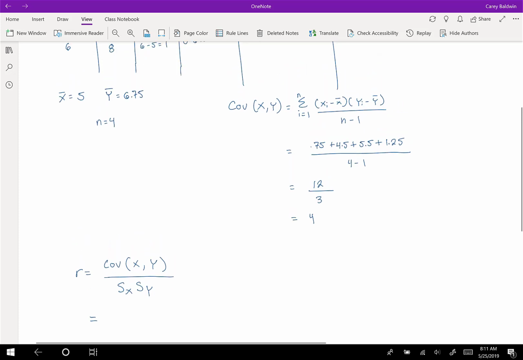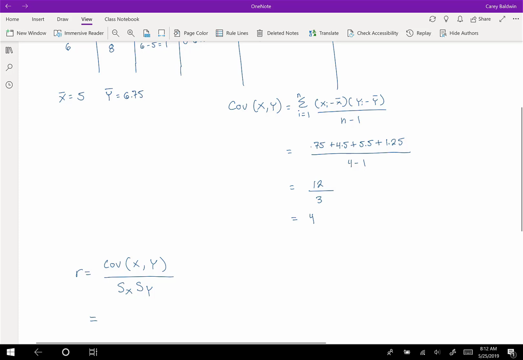So I should probably find that really quick. Let me do that. Okay, so for x I have 1.83.